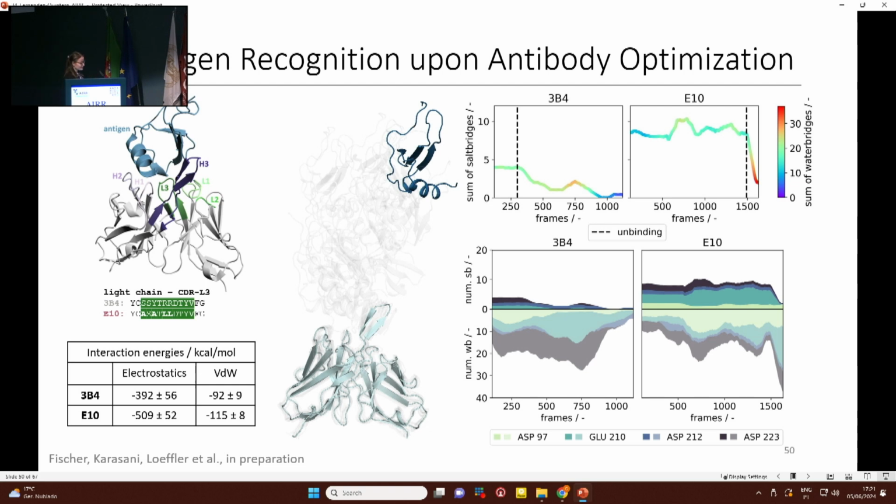And another super interesting aspect here is that actually the water bridges increase in the matured antibody, meaning that long-ranged water interactions are further stabilized so that the antibody-antigen complex could then consequentially still go back, or that they still interact, which is a key aspect in recognition as well.